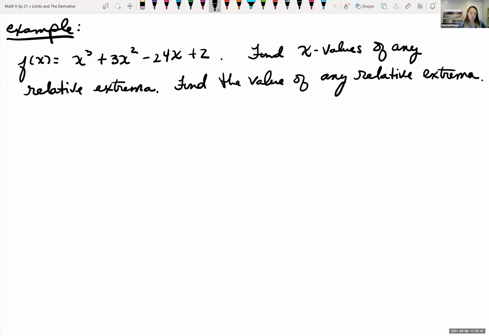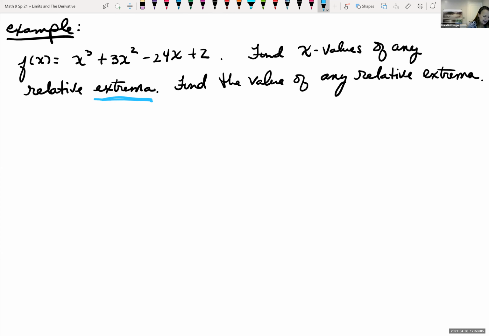So we're looking at the example, f of x is equal to x cubed plus 3x squared minus 24x plus 2. It's telling us to find all the x values of any relative extrema. When you see this word extrema, this is telling us we're trying to find a max or a min. Think of it, max is an extreme point, min would be an extreme point.